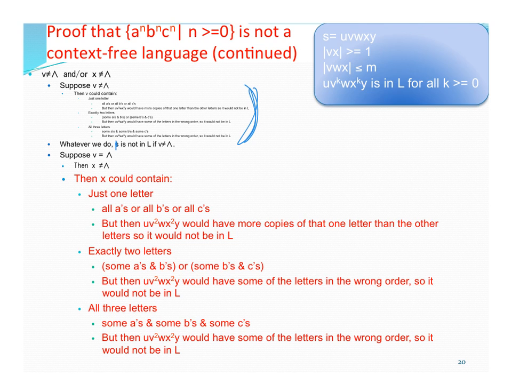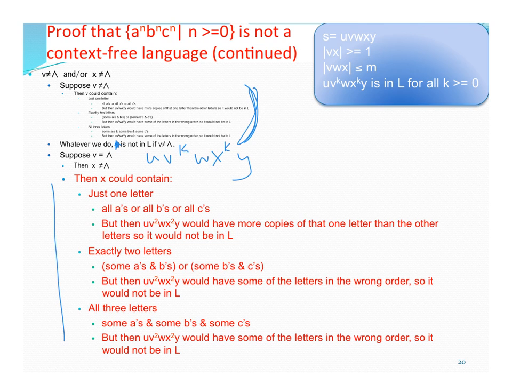And of course, that should not say S is not in the language, it should say u v to the k, w x to the k, y is not in the language if V isn't lambda. So we're going to suppose that V is lambda. And if V is lambda, then X isn't lambda. And guess what? We have exactly the same proof again.